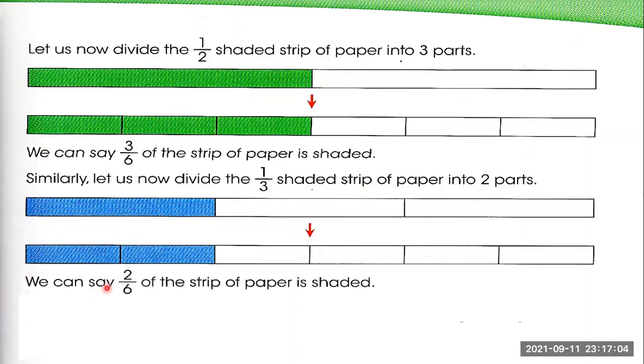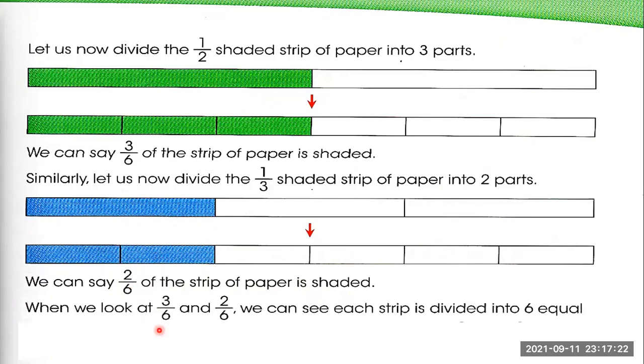We can say 2/6 of the strip of paper is shaded. So 2 parts here are shaded blue, so that's our numerator, and 6 is our denominator, which represents the divided parts of the strip. We can look at 3/6 and 2/6.